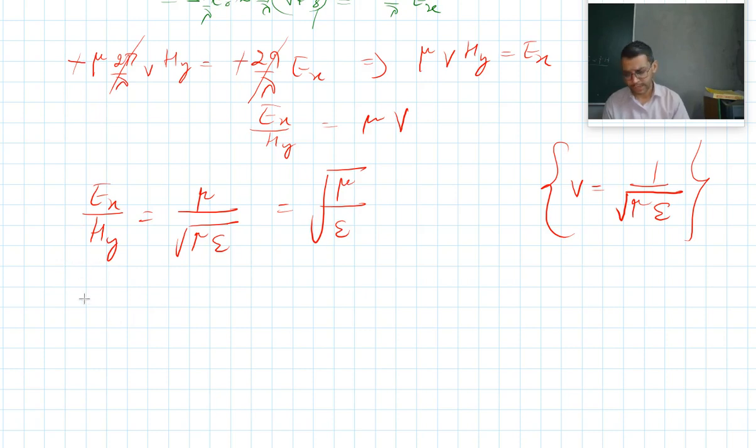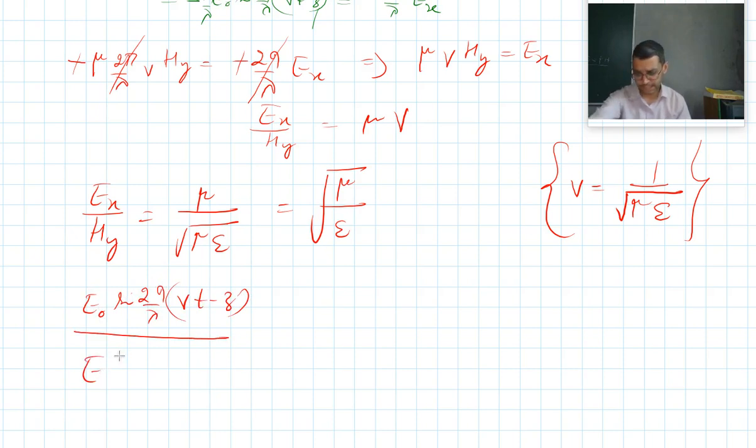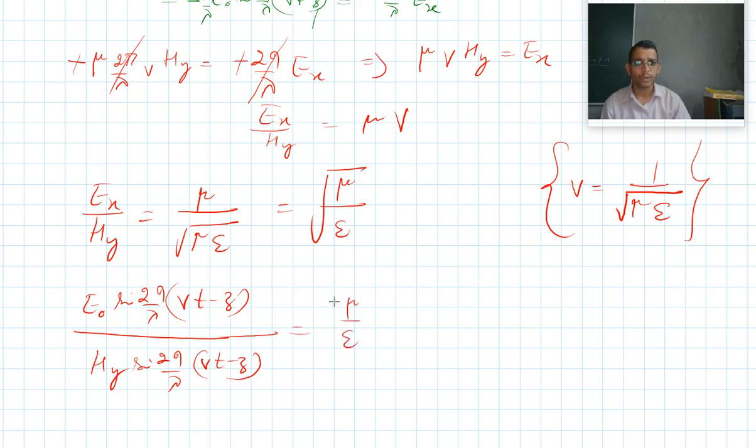Also if I put their values, Ex is E naught sine of 2 pi by lambda (vt minus z) and Hy is H naught sine of 2 pi by lambda (vt minus z), and the sine parts cancel out.